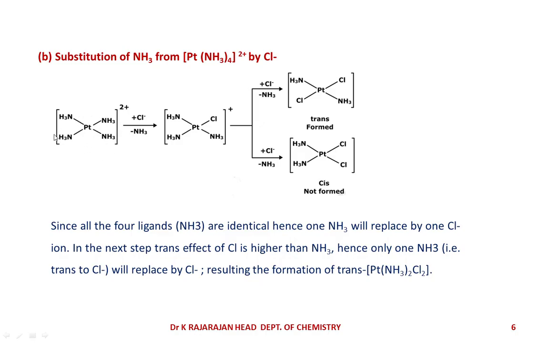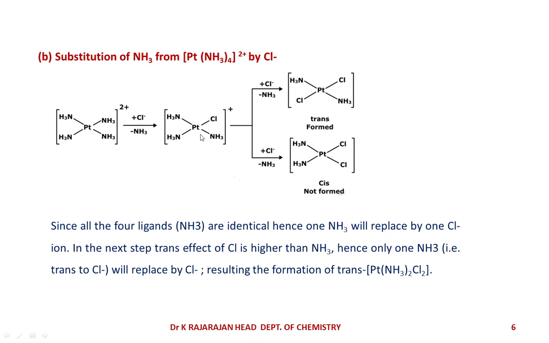When all these ammonias are identical and this is allowed to react with the chlorine ligand, one of the ammonias will be replaced by one chlorine, resulting in a complex like this, that is, 3 ammonia and 1 chloro platinum complex.